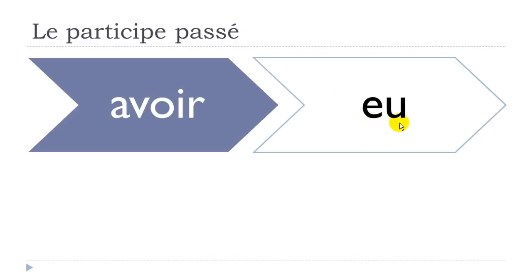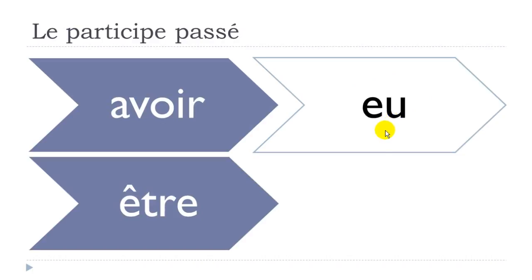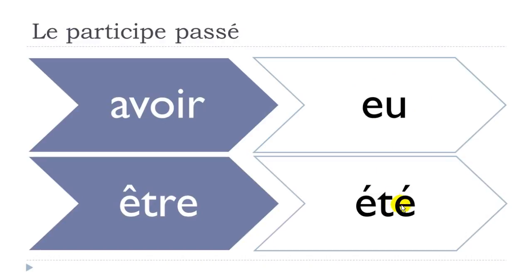And then être is a bit more simple in a way. It's été, accent aigu, T, accent aigu, été, all right? So eu and then été.